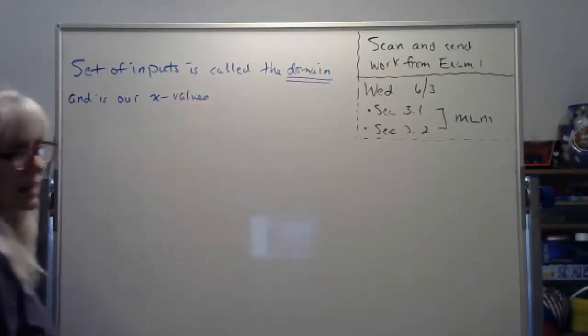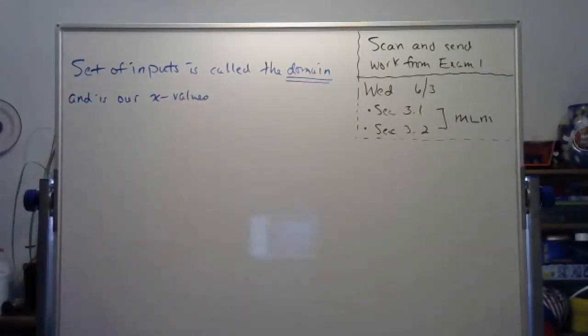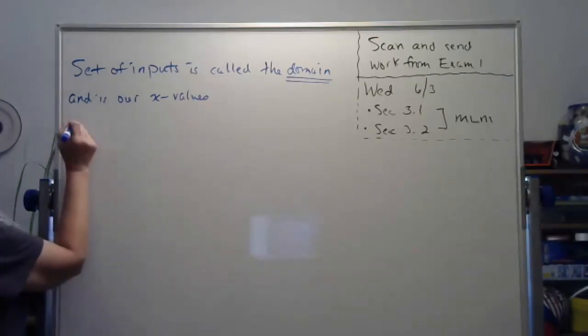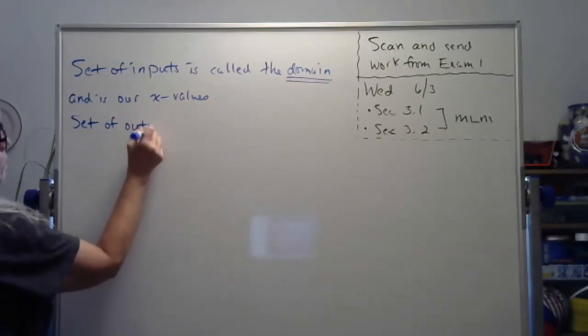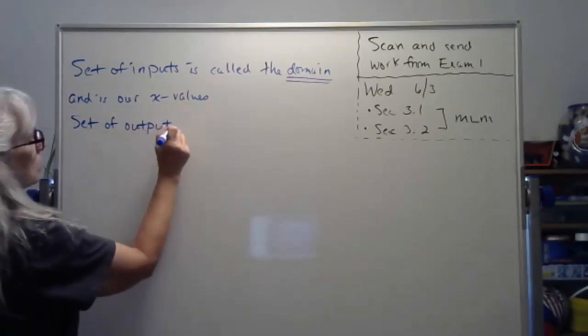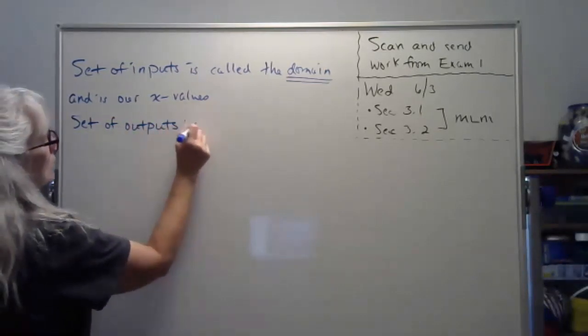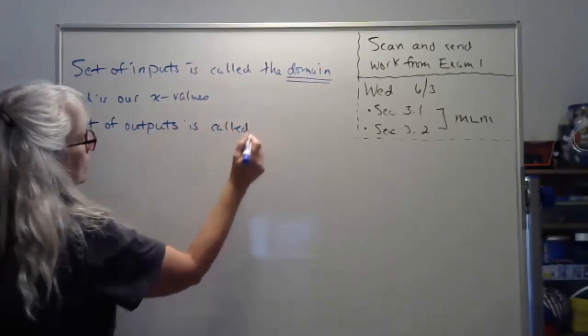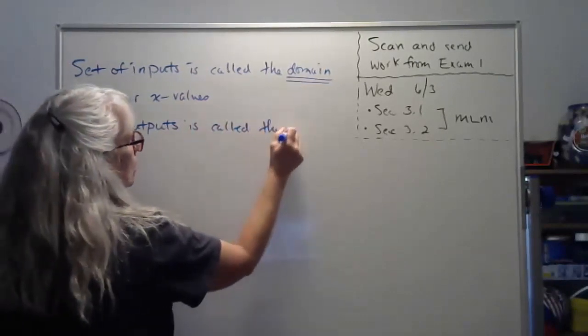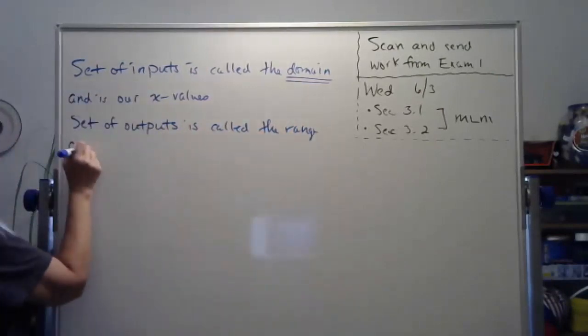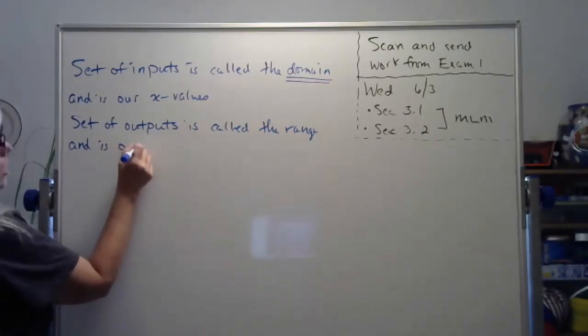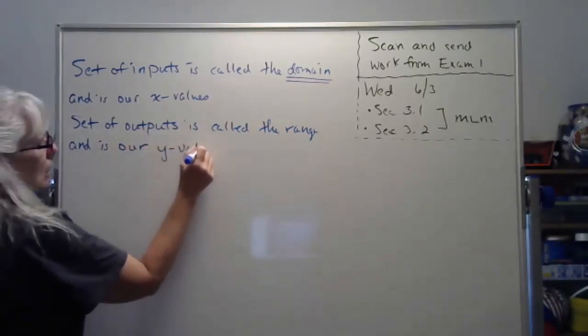So the inputs are the x values. We call that set of them the domain. And does anybody remember what the set of outputs is called? Range. Good job. The set of outputs is called the range, and is our y values.